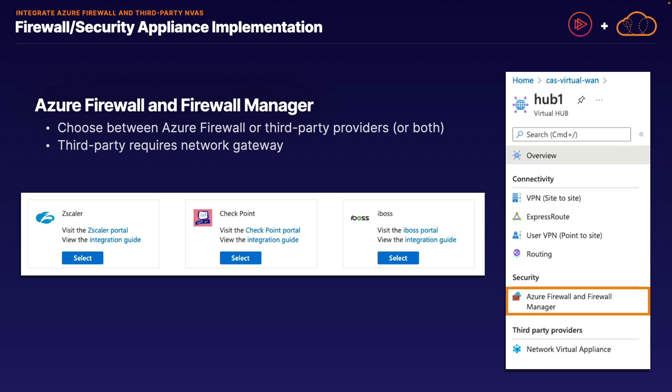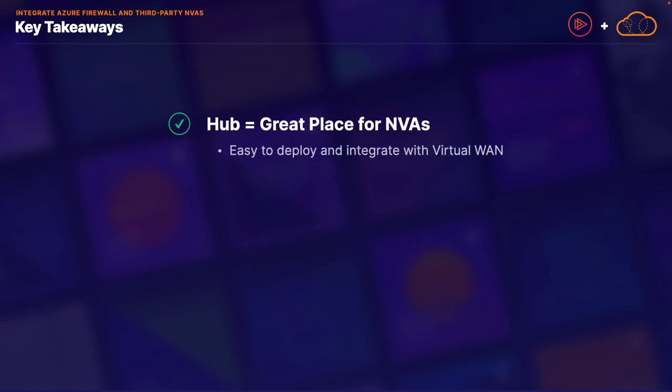Let's go ahead and review our key takeaways before we move on. We started off with a quick reminder that a network hub is a really great place for a centralized virtual appliance, and when working with virtual WANs, it's really easy to deploy it and integrate with our virtual WAN setup. We also covered the fact that we cannot simply deploy normal virtual machines into our virtual hub. We have to go through the managed interface instead.